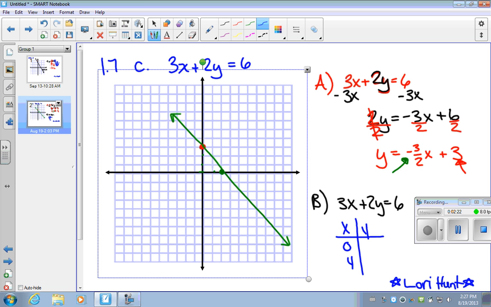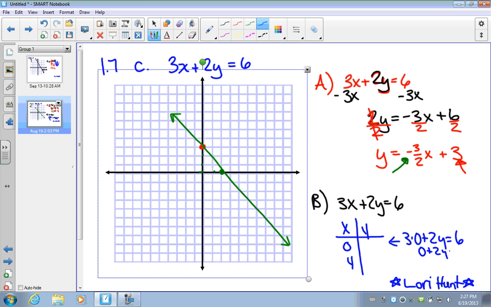And plug those values into this equation for X and figure out what Y is. So in this case, I'd say 3 times 0 plus 2 times Y equals 6. And that's 0 plus 2 times Y equals 6. And so Y is 3. So the point 0, 3 is on the line.